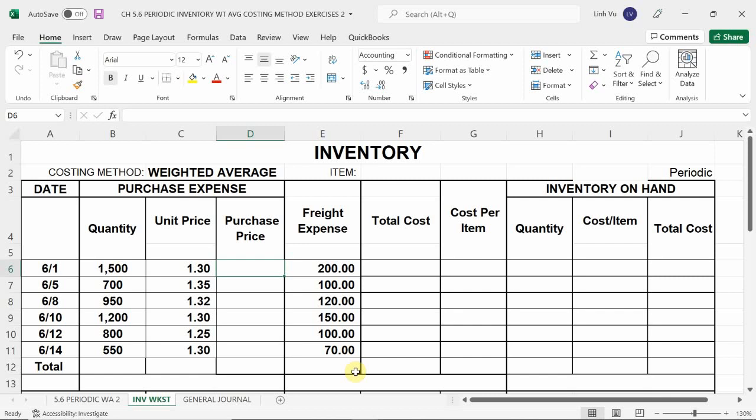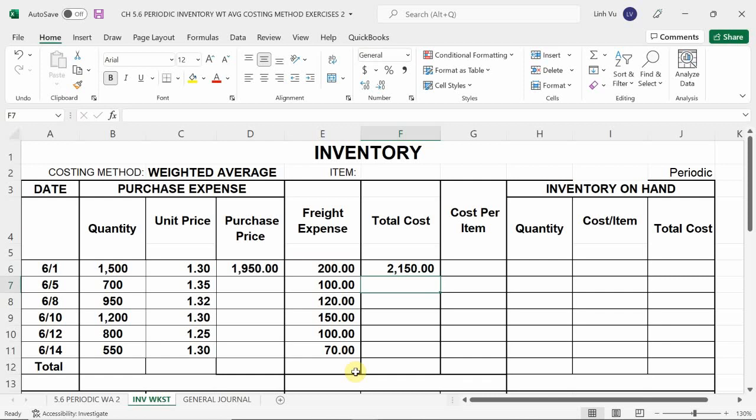In this case, what is my total purchase price? 1,950. Good. Plus $200 is going to give me a total cost of 2,150.